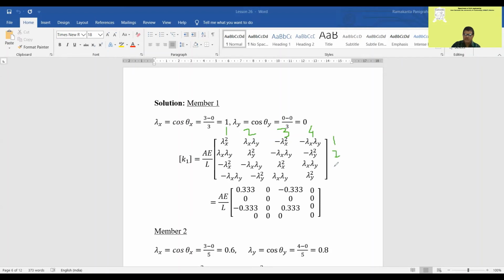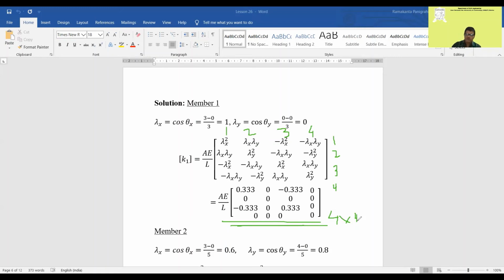Just put the values lambda x equal to 1, lambda y equal to 0. This is the matrix, a 4 by 4 matrix, developed for member 1.